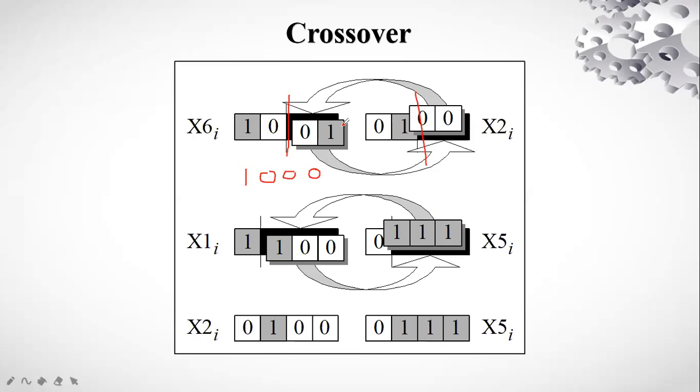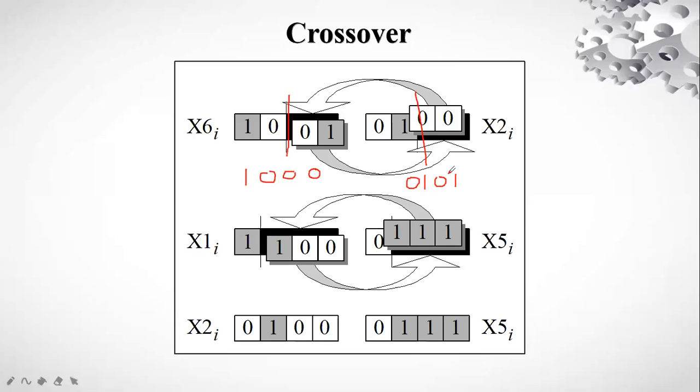And when this is moved here, 01 here. So what will I get? 0, 1 will be the same, and 01 is reaching here, so it will be 01. Now the new ones we have got are 1000 and 0101, right? All right, so this is what crossover actually is.